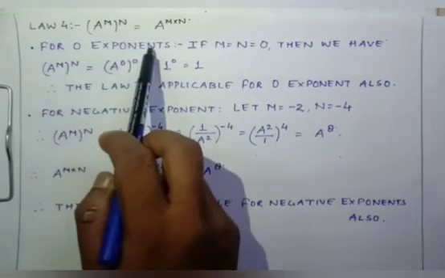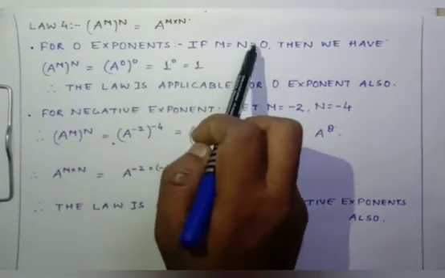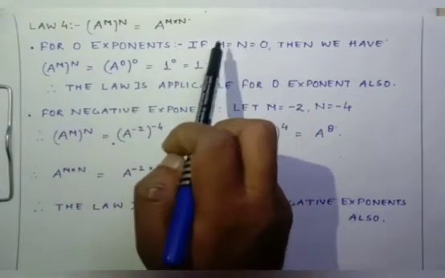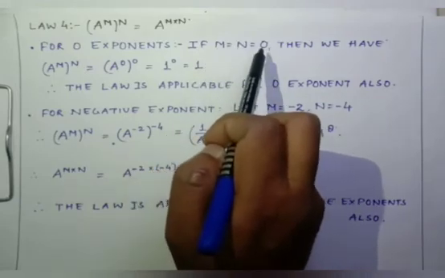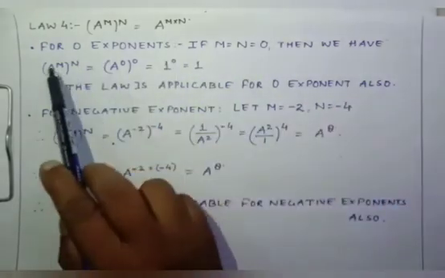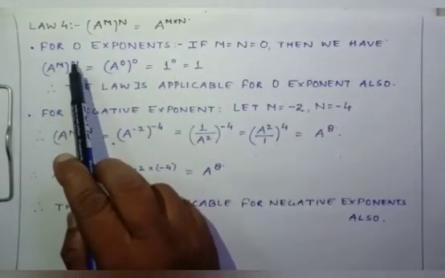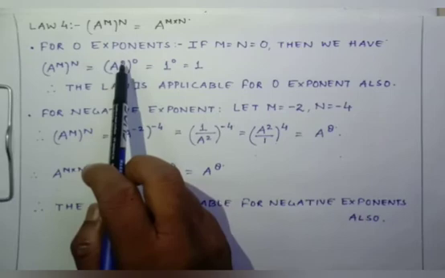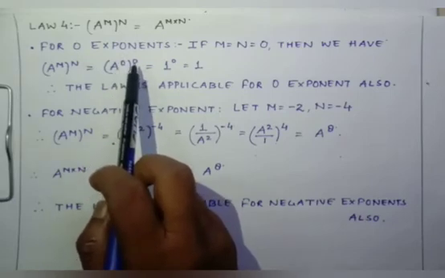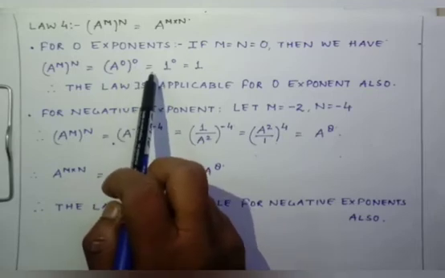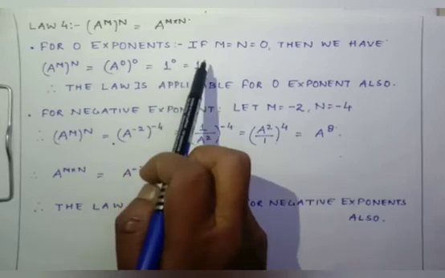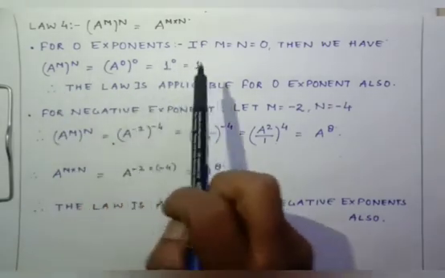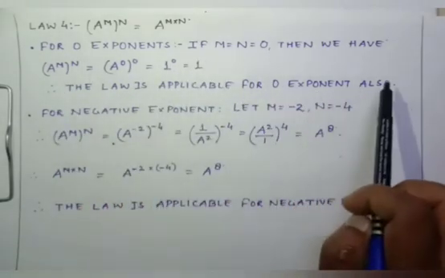For 0 exponents, if m is equal to n is equal to 0, again m and n are equal and they are equal to 0, then we have a to the power m to the whole power n is equal to a to the power 0, that is the value of m, to the whole power 0, that is the value of n, is equal to 1 to the power 0 is equal to 1. Therefore, the law is applicable for 0 exponents.